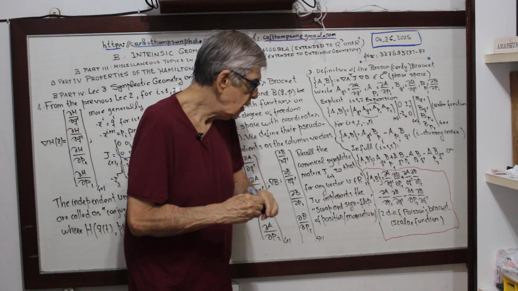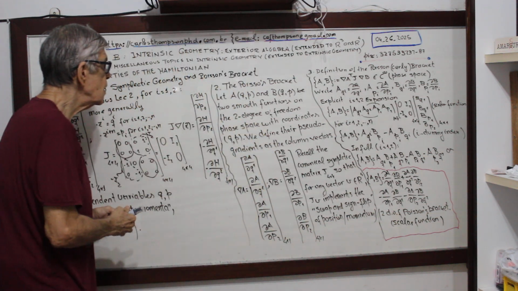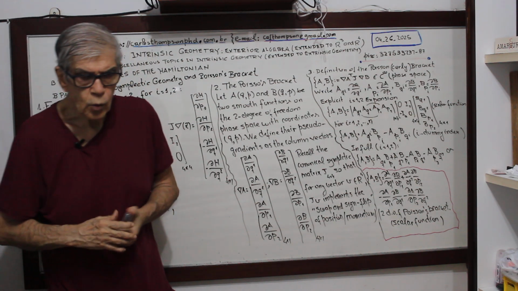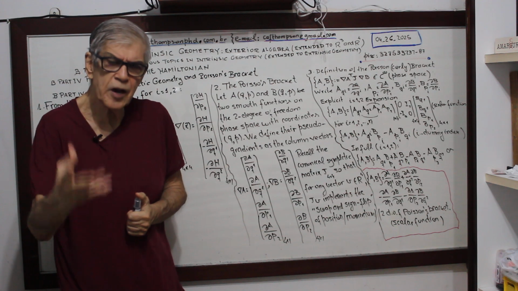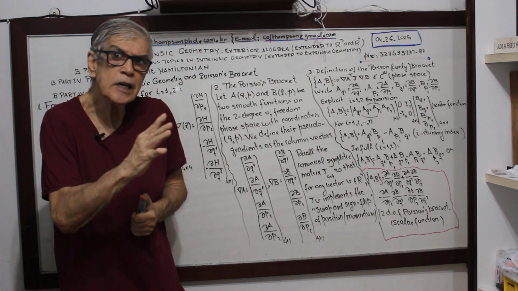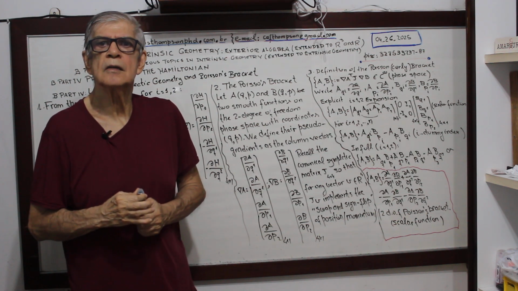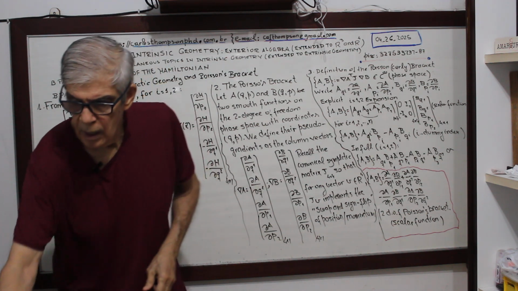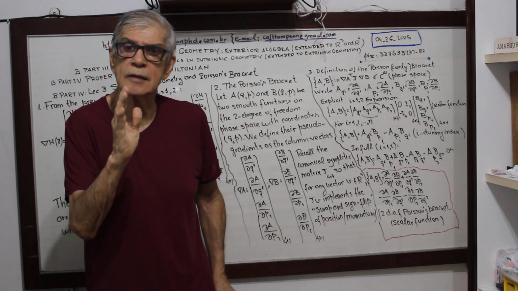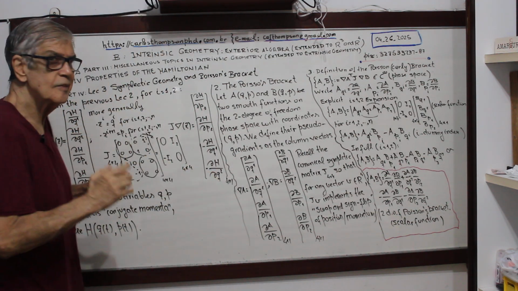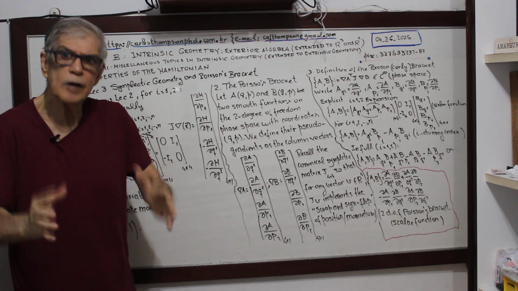Okay, that's it. So next video we will show the derivation of the key properties of symplectic geometry. And also don't forget to go to lecture 2 and see the description.